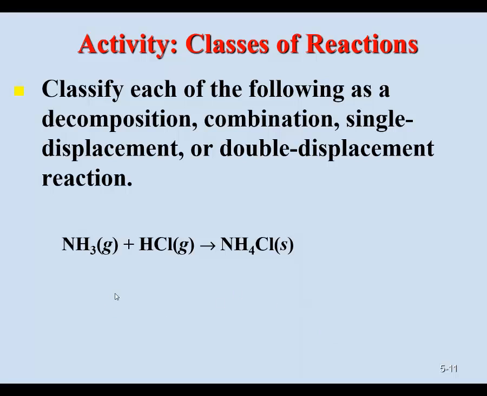Now here I have my ammonia gas reacting with hydrochloric acid to form ammonium chloride. Now this is an acid-base neutralization reaction. I have an acid neutralizing with a base, the weak base ammonia. And if I try to classify this under the other classification categories we've been looking at, I want to look at the type of pattern I'm observing.